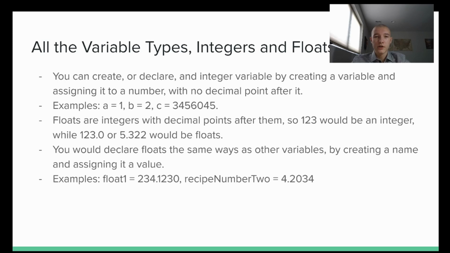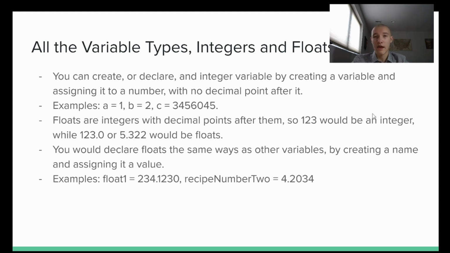As for the variable types of integers and floats, they are numbers, and floats are numbers with decimal points after them. You can create or declare an integer variable by creating a variable and assigning it a number with no decimal point after it. For example, a equals 1, b equals 2, c equals this number, as long as it has no decimal point.